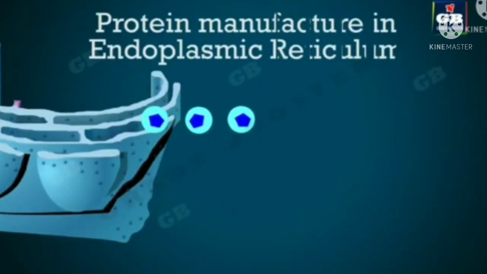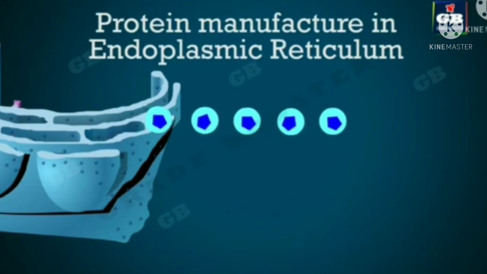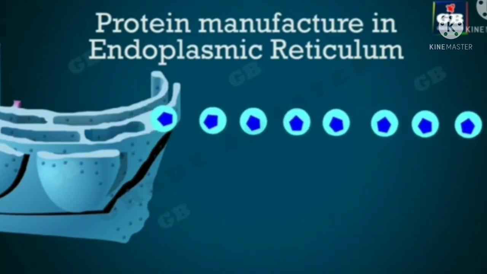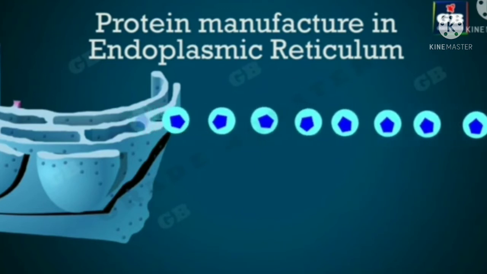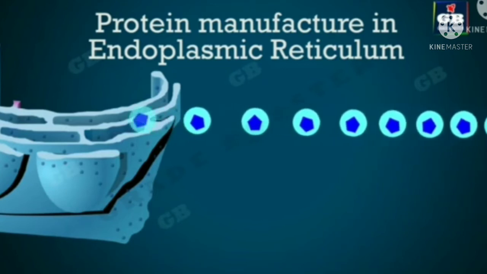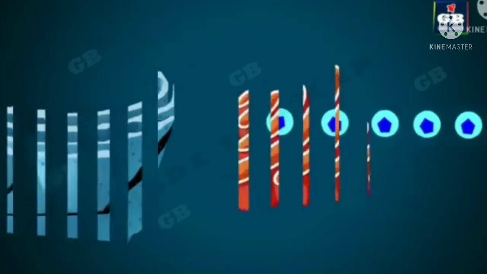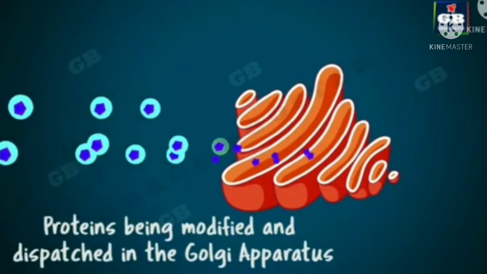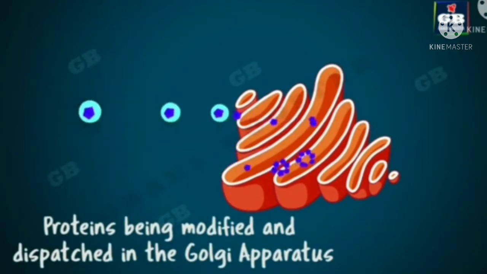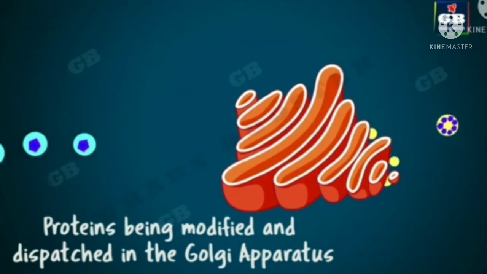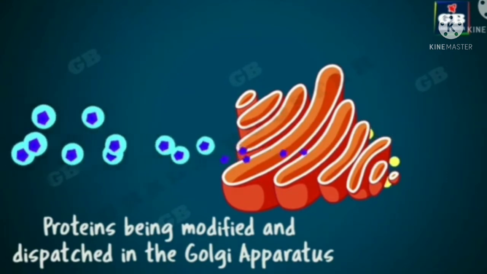In the same way, in our cells, protein molecules are manufactured in the endoplasmic reticulum and then they are sent to the Golgi apparatus for modification, packing and dispatch. The proteins from the endoplasmic reticulum are modified, stored, and when needed they are packed and dispatched in the form of vesicles.